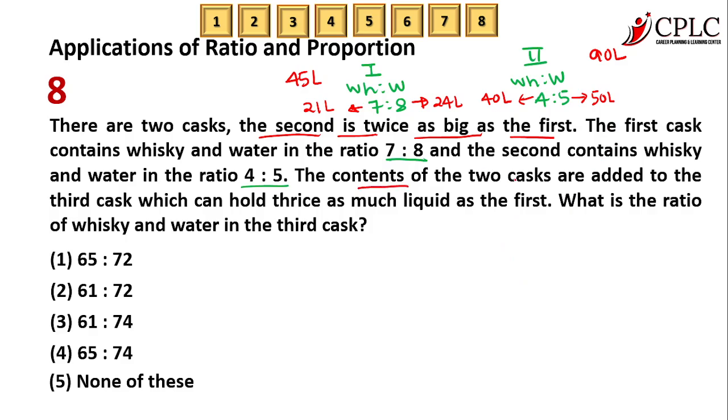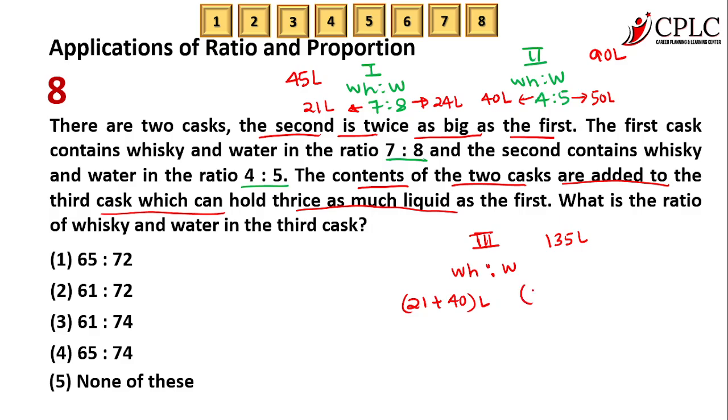Now what we are doing is adding these contents to the third cask, which will hold thrice as much as the first one. So the third cask should hold three times the first one, which is 135 whiskey and water. So from the first one whiskey comes 21, from the second one comes 40 liters.